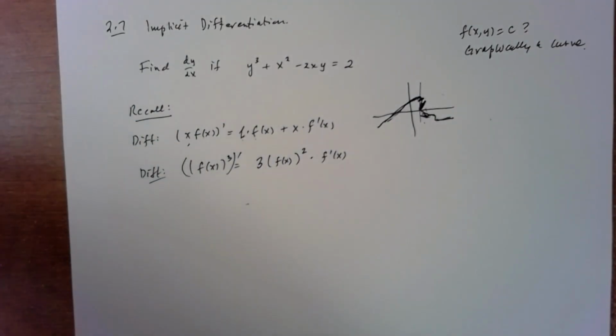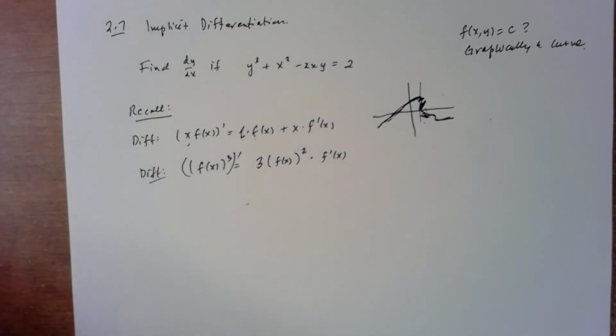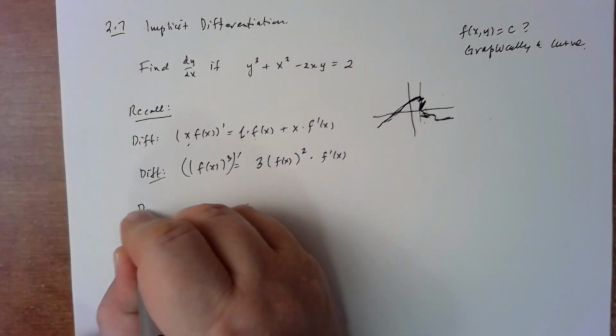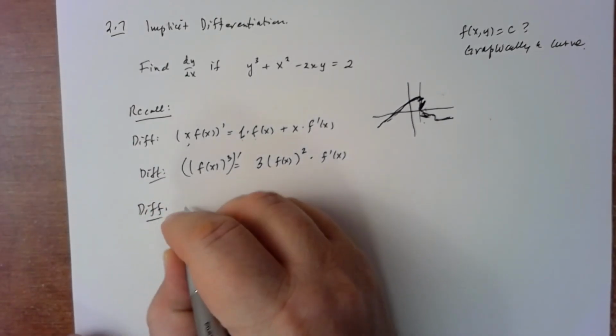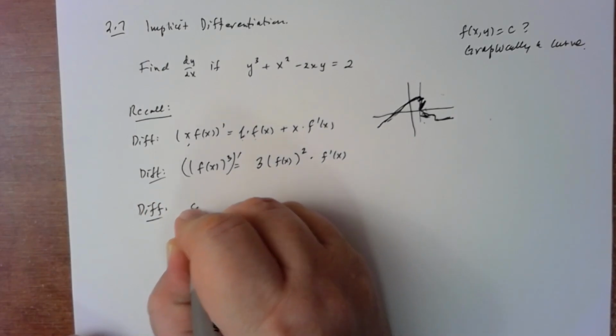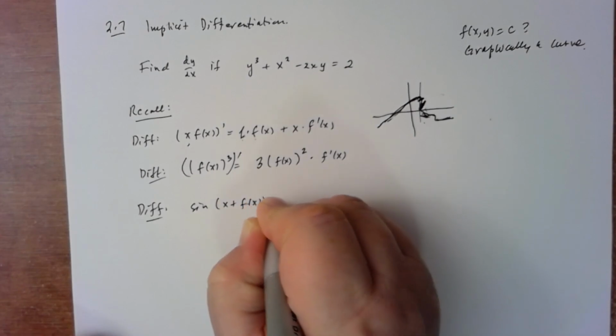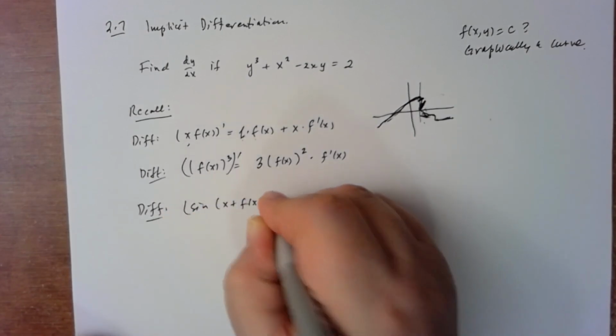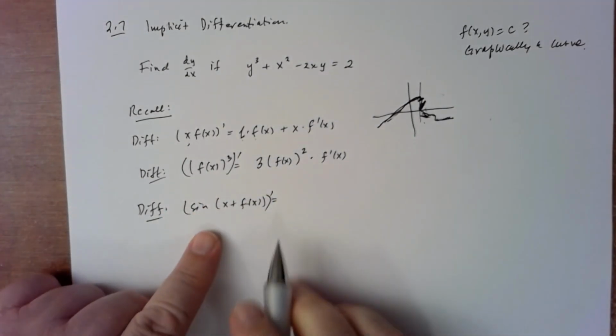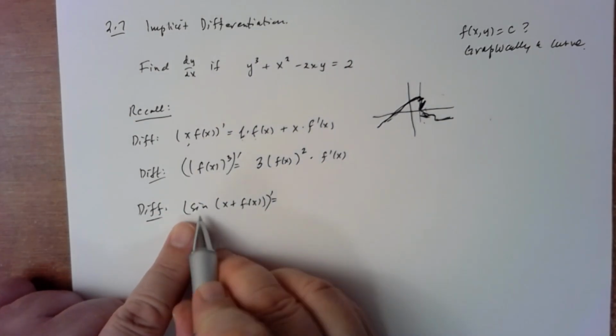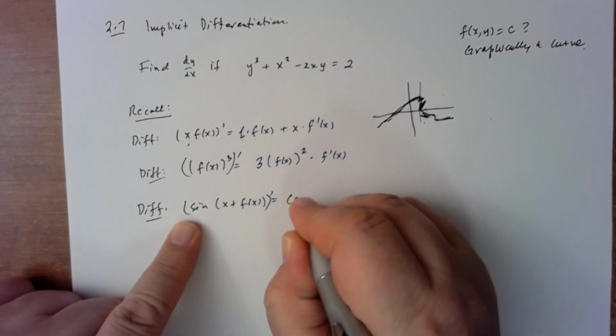Similarly, I had another example from our quiz. How would you differentiate the sine of x plus f of x? The derivative of sine is cosine.